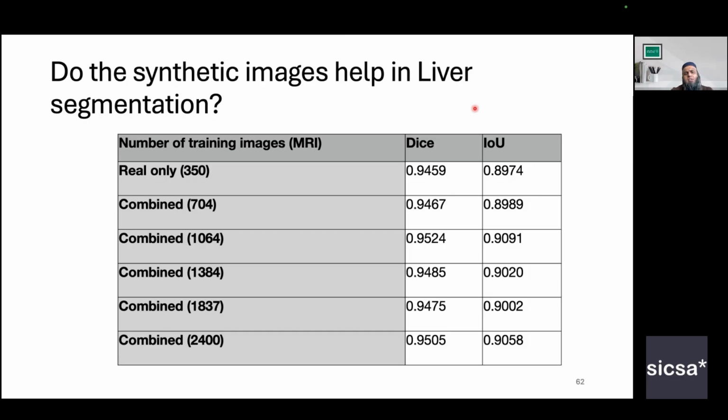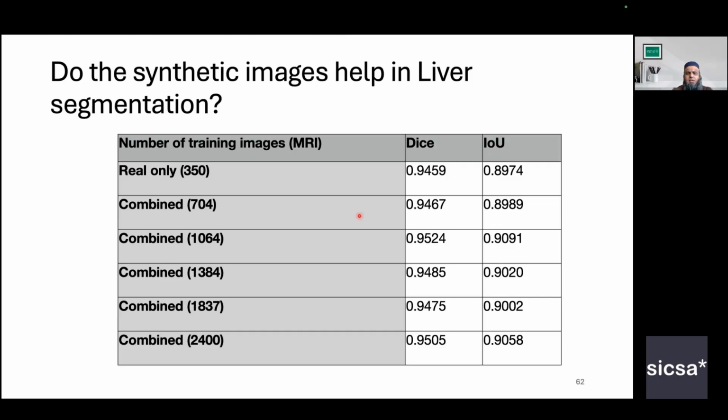So does it bring any improvement despite having these minor defects? Yes, it does. What we noticed was when we generated those MRI images and used them along with real data to train a UNet segmentation, we could see some improvement in terms of the dice score and the intersection over union score.